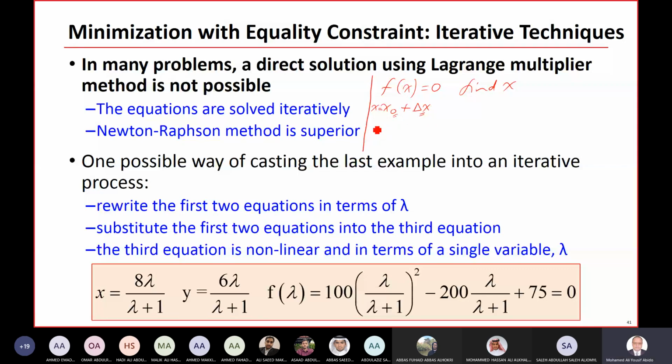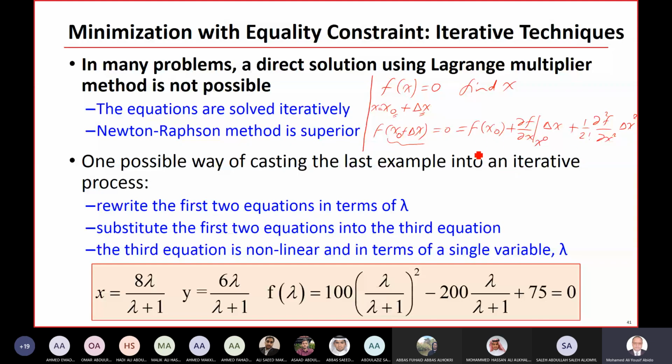Okay, so we can say f of x0 plus delta x equals 0. Can we expand this by Taylor series expansion? You can say this equals f of x0 plus the first derivative, partial f by partial x calculated at x0, times delta x, plus 1 over factorial 2 partial square f by partial x square multiplied by delta x square, and so on up to infinity.